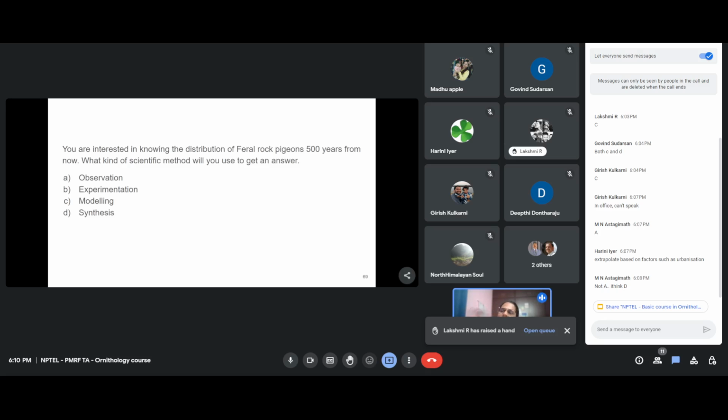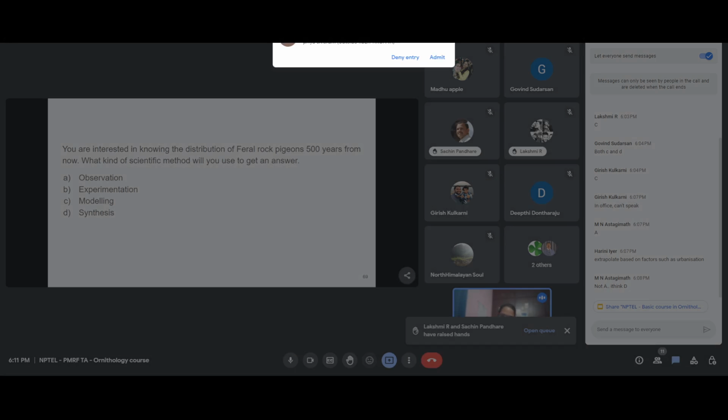Then you plug in the factors which particular birds prefer: forest bird or desert bird, close to or away from water resources, what part of the forest strata they occupy, certain life history traits. Once you have all these data, you can model the potential distribution of the bird in the future.